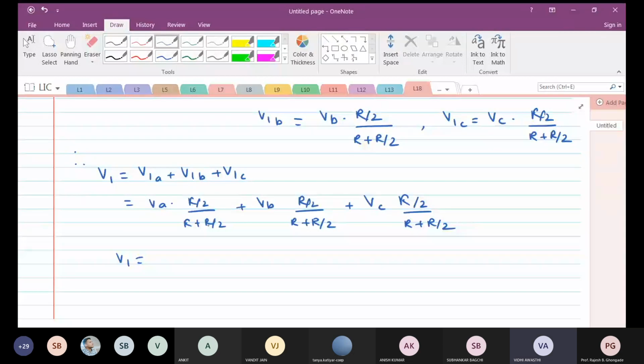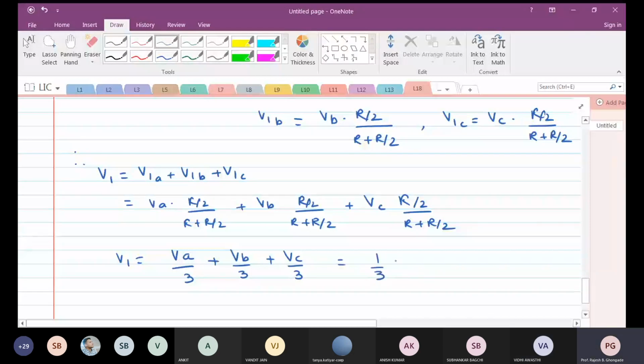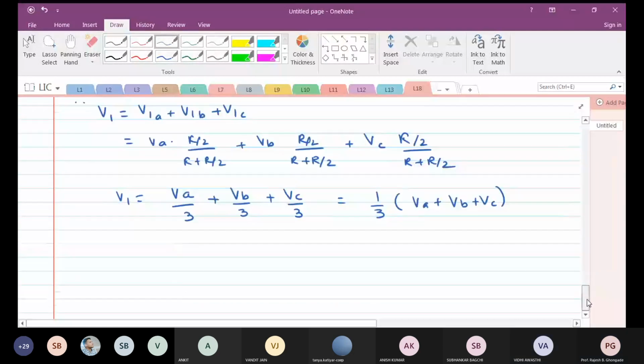So R by 2 upon R plus R by 2. Correct. So when we solve it, what you get is VA by 3 plus VB by 3 plus VC by 3. So all in all, what I get is 1 by 3 into VA plus VB plus VC. Okay. So this is your V1.